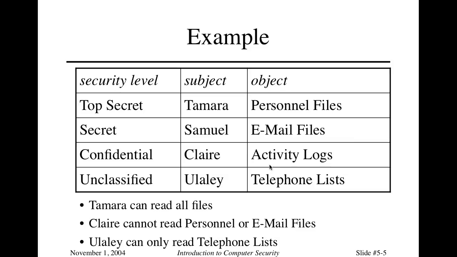In this example, we can see a column of subjects and a column of objects. At each security level, we have some subjects and objects. In this table, one subject can have only one security level. It's the same thing for objects. So we cannot put a subject at two levels.